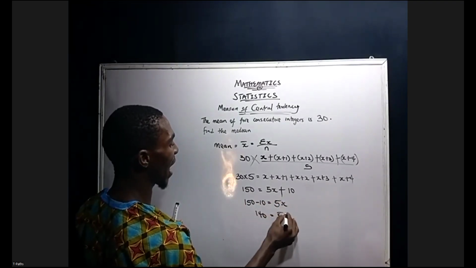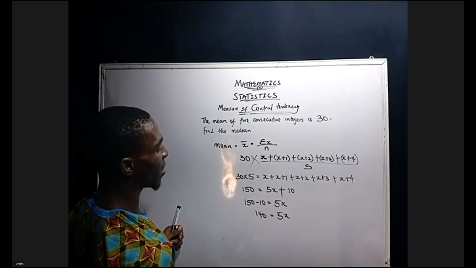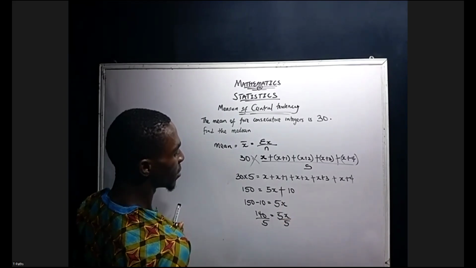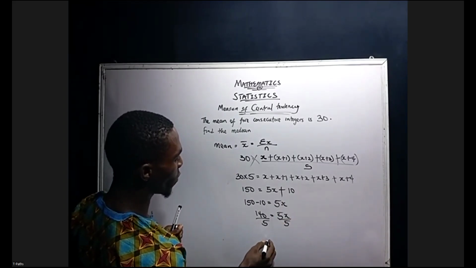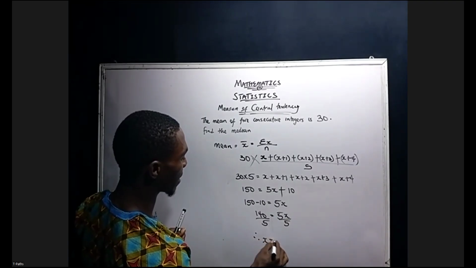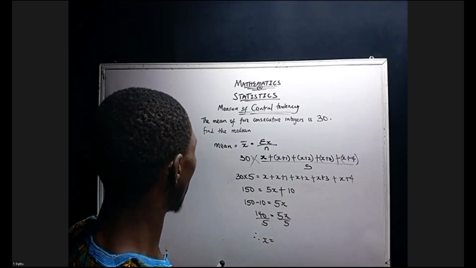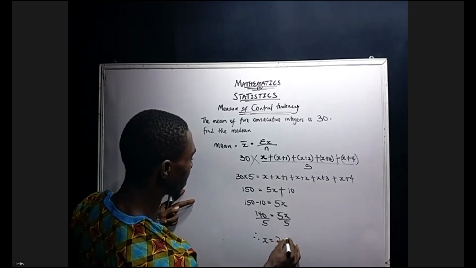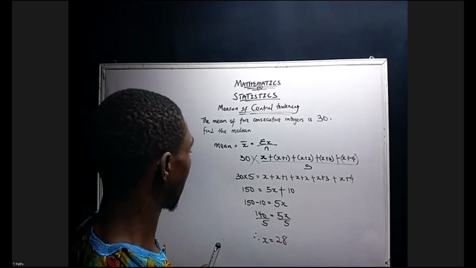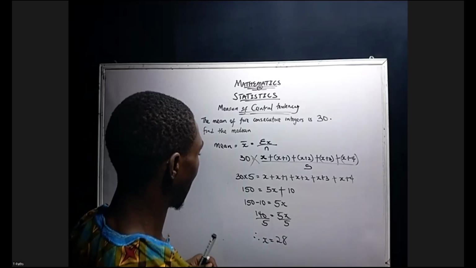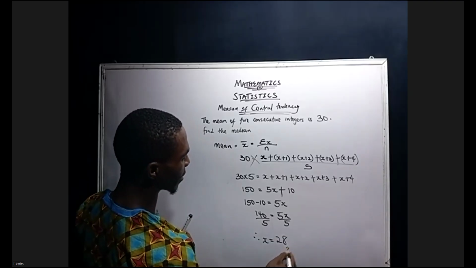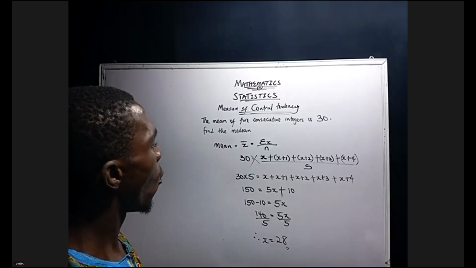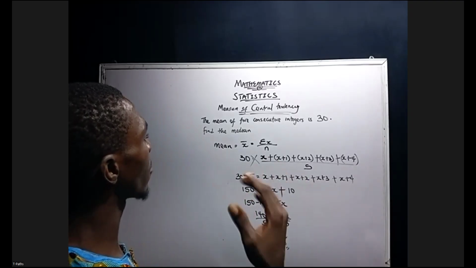140 equals 5x. Since we have 140 equals 5x, divide both sides by 5. So what do we end up having? Therefore, x equals 28. 28 is our answer. Since x is 28, what are those consecutive numbers?